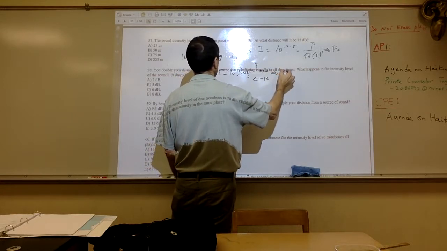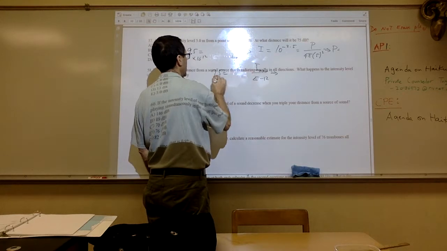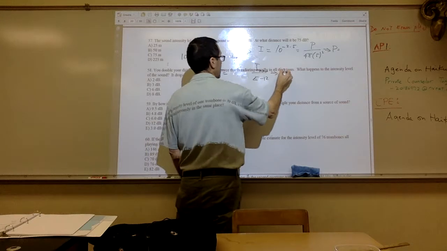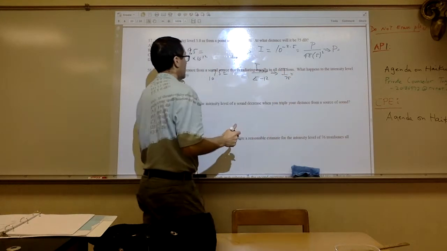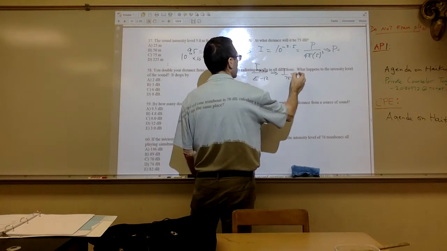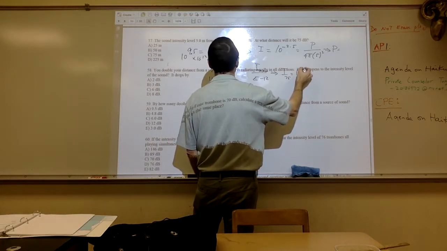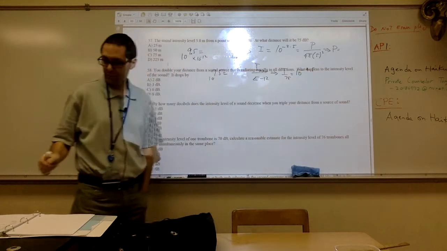So I do 7.5 here, get rid of the log, do 10 to the 7.5 power. So the I for 75 should be 10 to the negative 4.5. I think that's what it is.